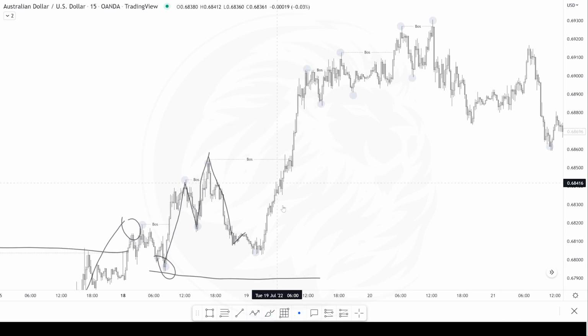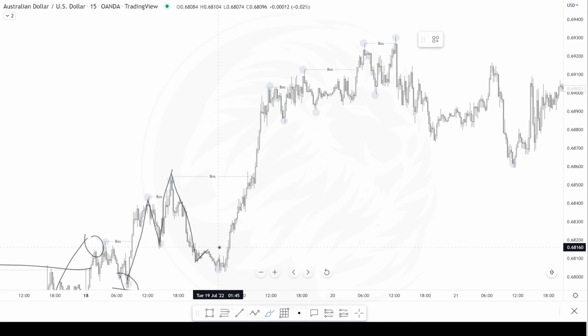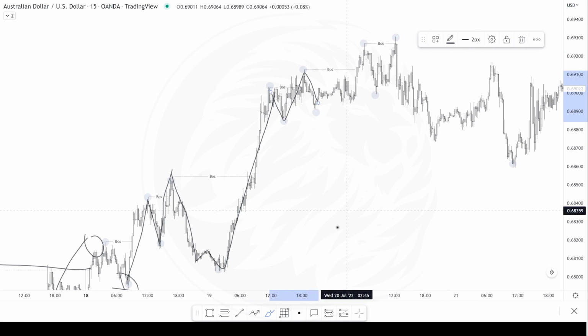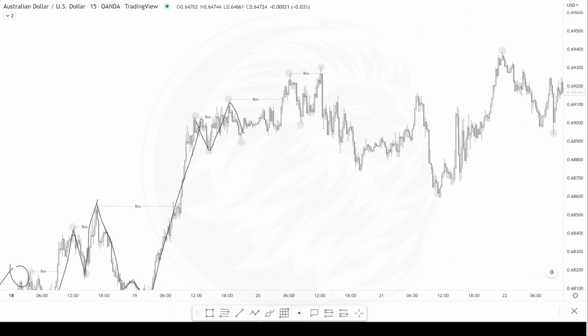Here same, so yep, we break to the upside, and here, as we can see, we start to make little structure.